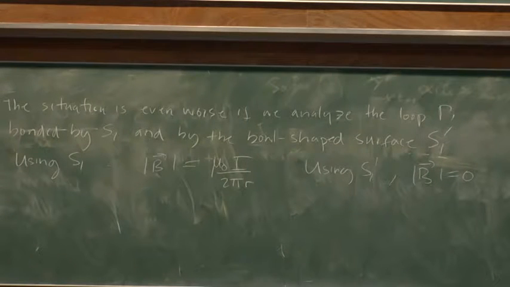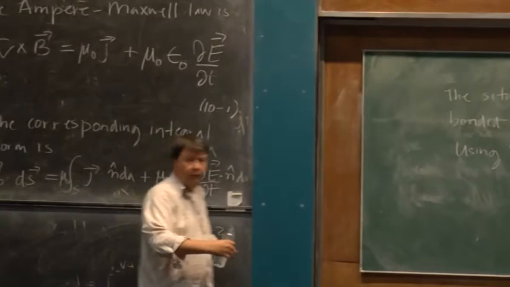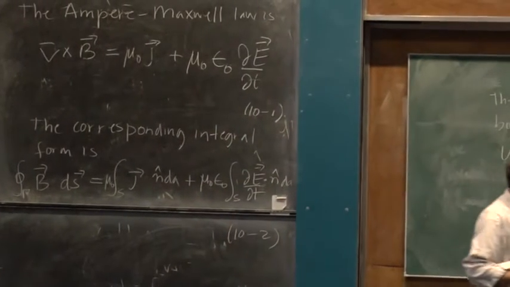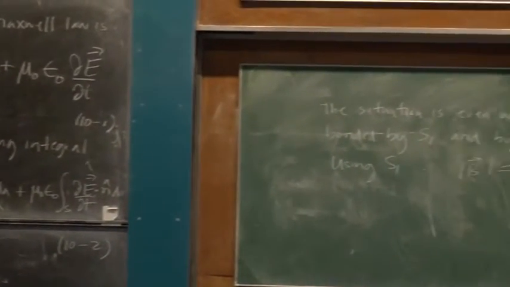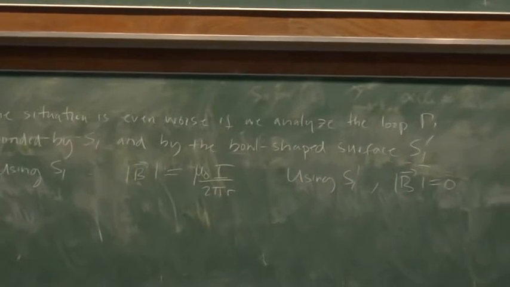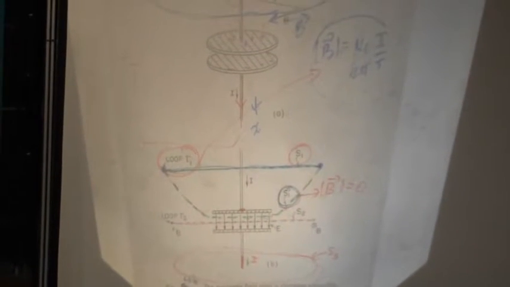Well, we know Ampere's law isn't true. We haven't yet considered what this term contributes. And of course, although there's no current between the capacitor plates, there is quite definitely a changing electric field. And again, I'll sketch the argument on the view graph here.